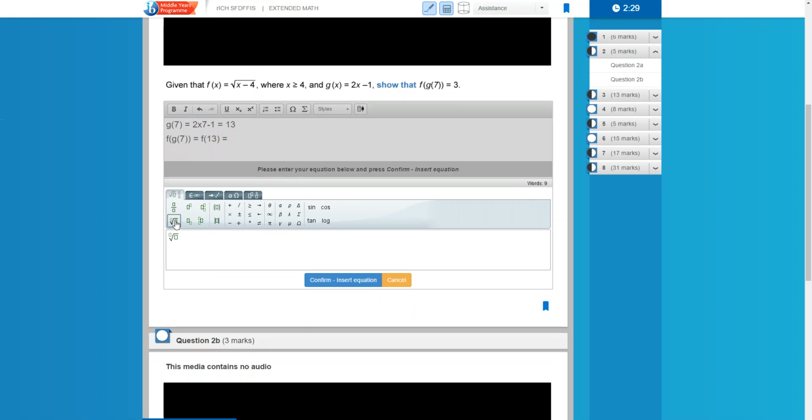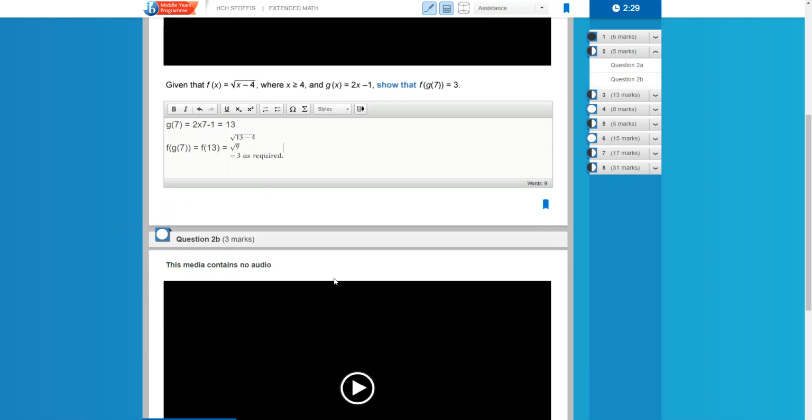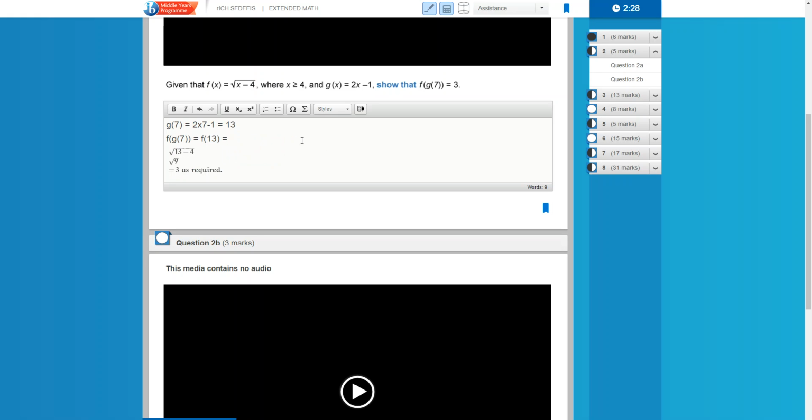So I want the square root of 13 minus 4, which equals the square root of 9, which equals 3, as required. This is the type of thing we need to make sure we're getting put in nicely.